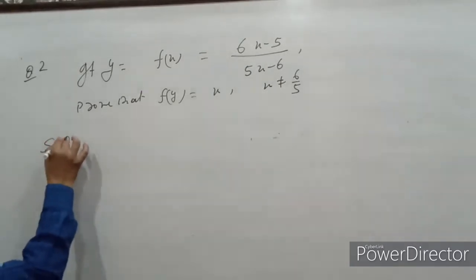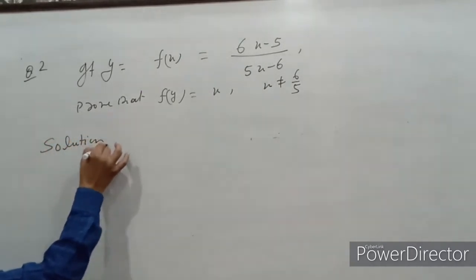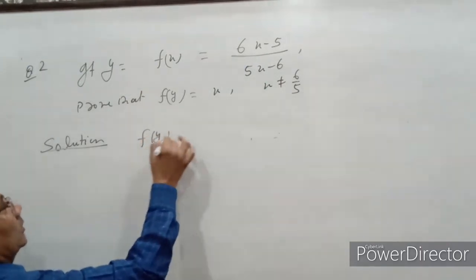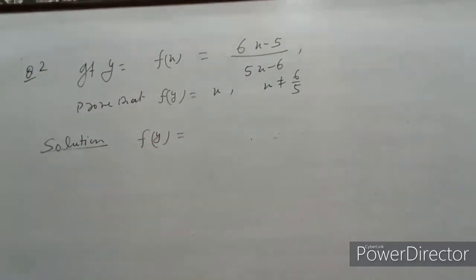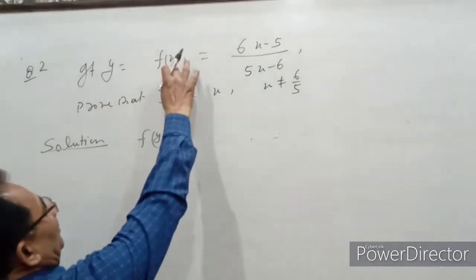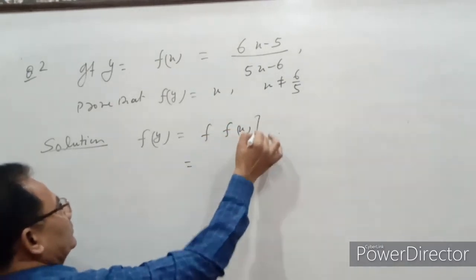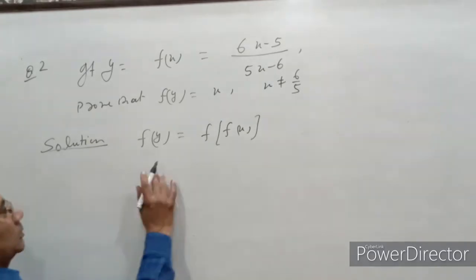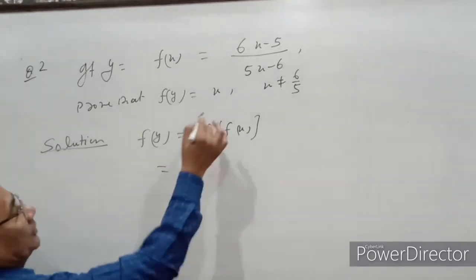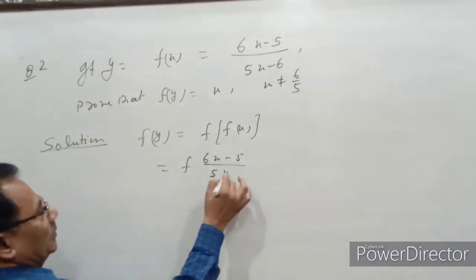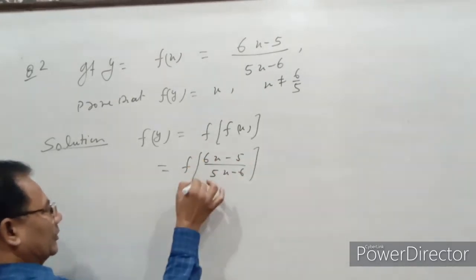Solution. Here we want f(y), and for the value of f(y), put from here f of f(x), where f(x) is (6x minus 5) upon (5x minus 6).